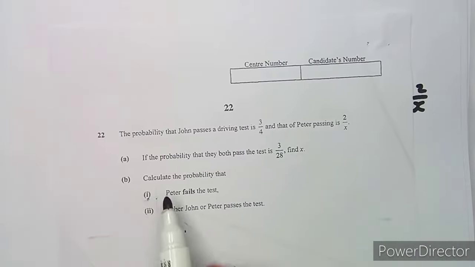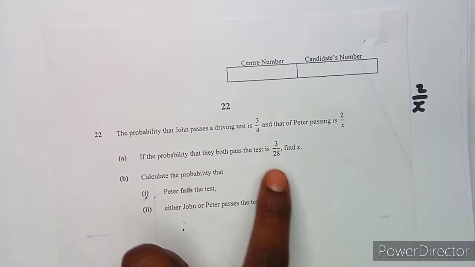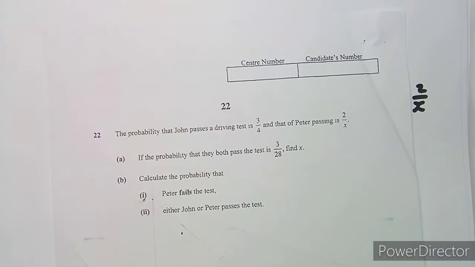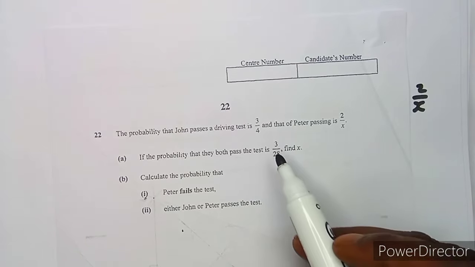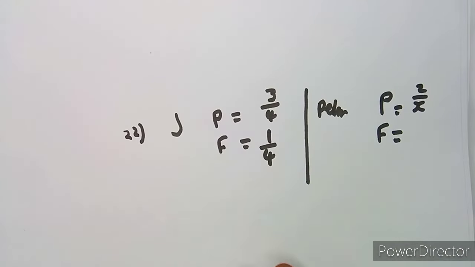So the first question is that if the probability that they both pass the test is 3 over 8, find x. The probability that they both pass means we have to multiply the two at the same time, the one for John passing and the one for Peter passing, which is 2 over x.